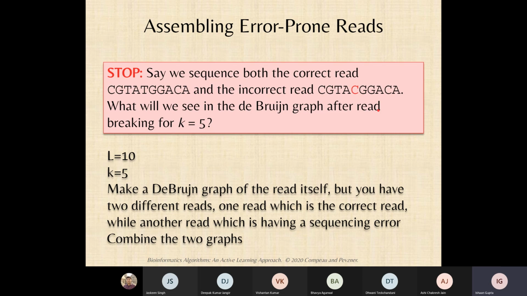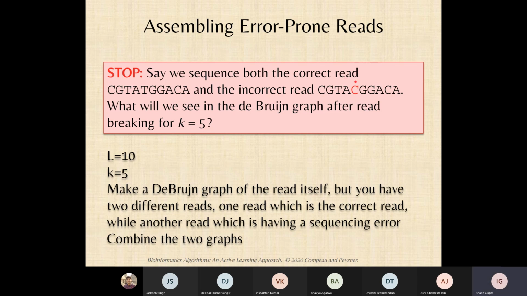On the Illumina machine, when you're reading the spot, maybe two spots are coming close to each other, or the fluorescence is not working as expected. So you get the wrong fluorescence, and instead of a T you call it a C in one of the clusters, and you get an incorrect read.